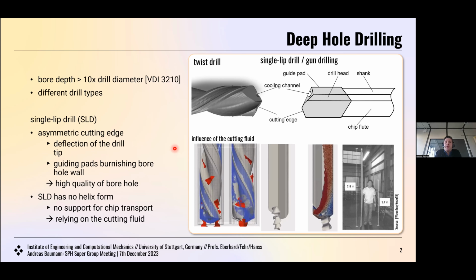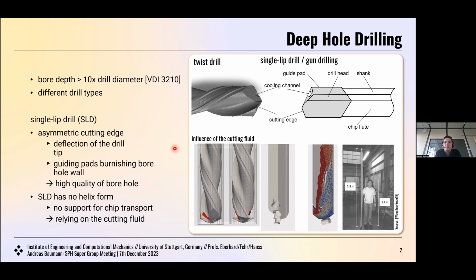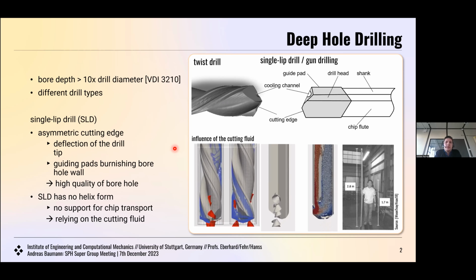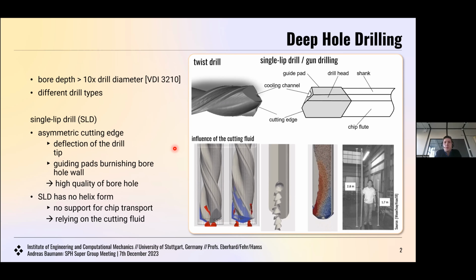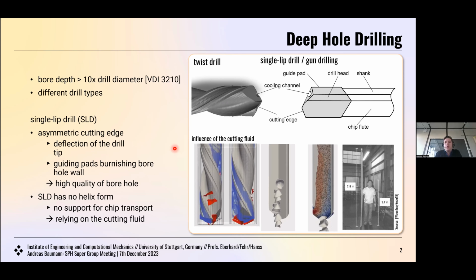However, for high performance applications and in deeper drilling, we cannot remove the drill out of the borehole to remove the chips, because it leads to less straight boreholes and also reduces the quality of the borehole. That's why we keep drilling straight forward and rely on the cutting fluid to remove the chips.